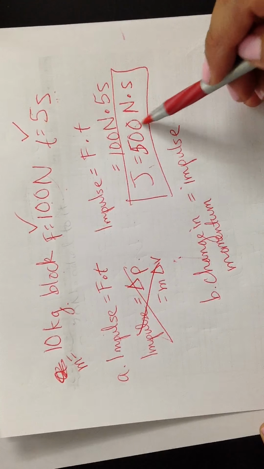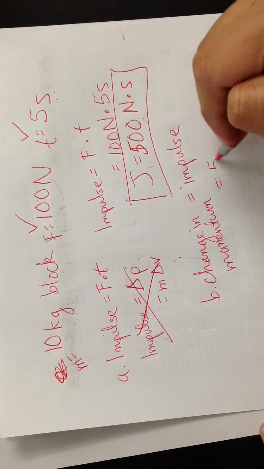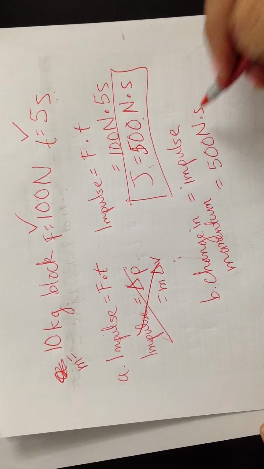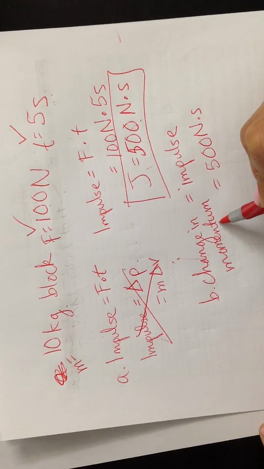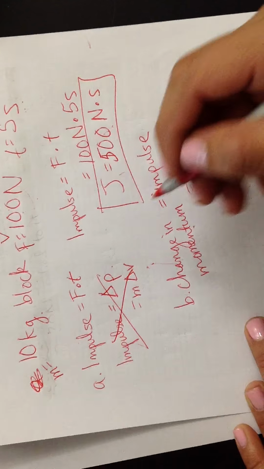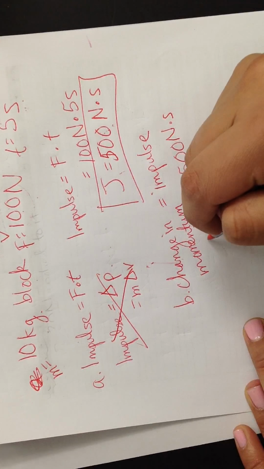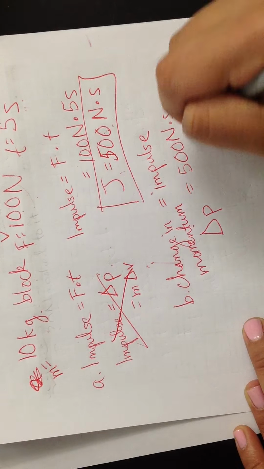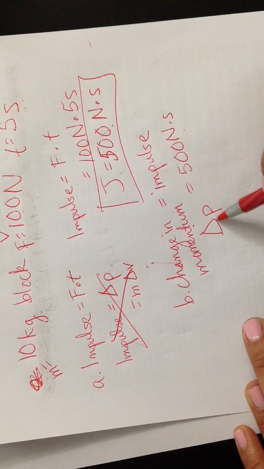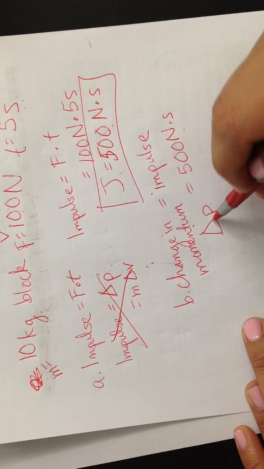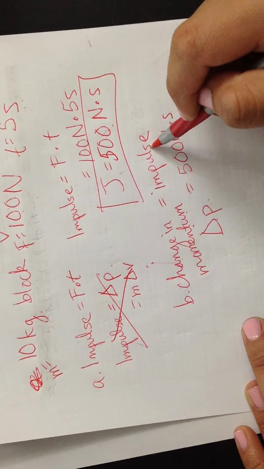Because we know impulse here is 500 newtons times seconds, my change in momentum is going to be equal to this. And again, change is delta, momentum is p. So my delta p, or my change in momentum, is also equal to my impulse.